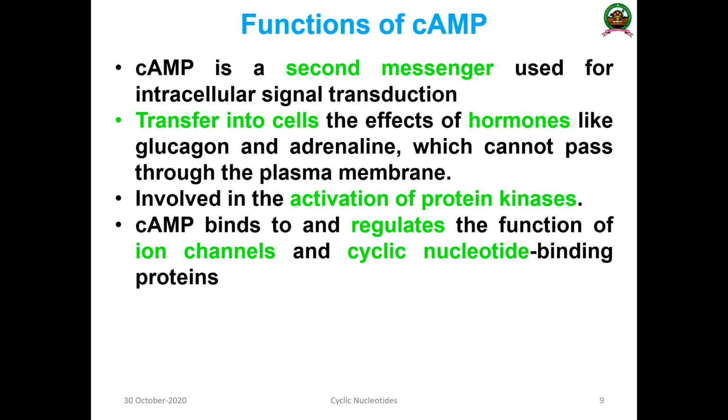And what are the functions of cyclic adenosine monophosphate? This is another important thing about cAMP. It is a second messenger used for intracellular signaling, intracellular signal transduction, which transfers into the cell the effects of hormones like glucagon and adrenaline, which cannot pass through the plasma membrane.